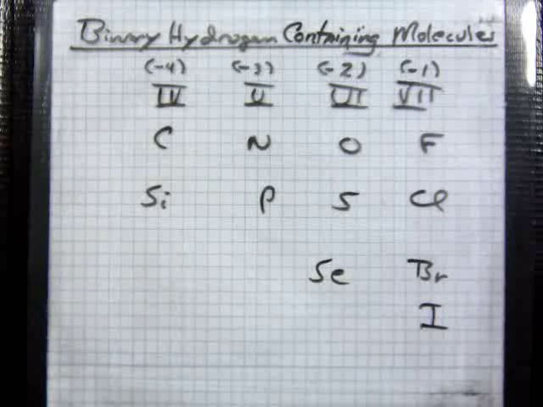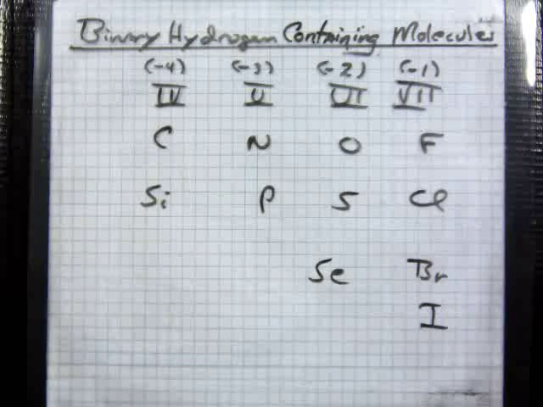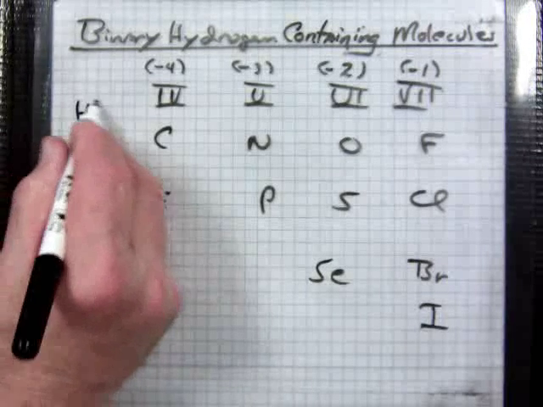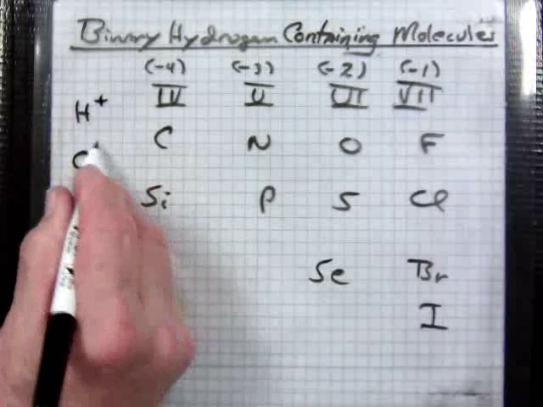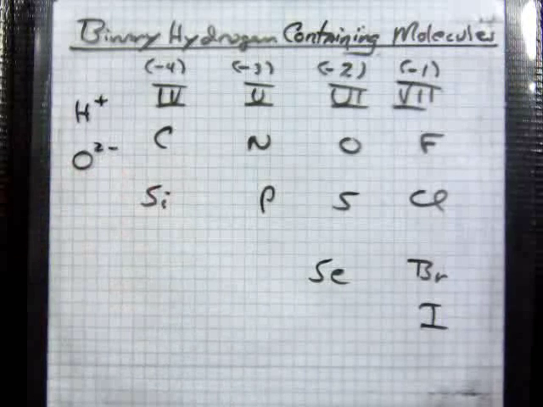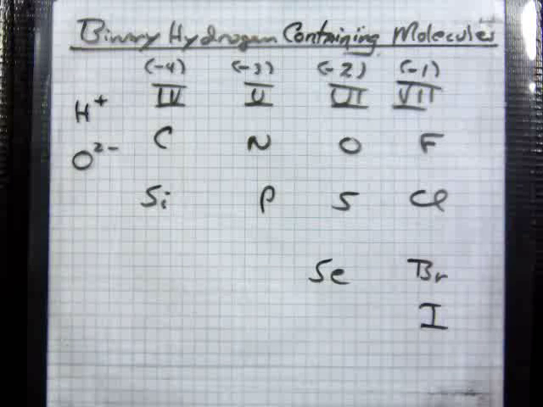Also, oxygen is always a -2 until I tell you different. So hydrogen will always be a +1, and oxygen a 2-. Now there is a case, hydrogen peroxide, H2O2, where oxygen is a -1, but for right now, oxygen will be a -2.